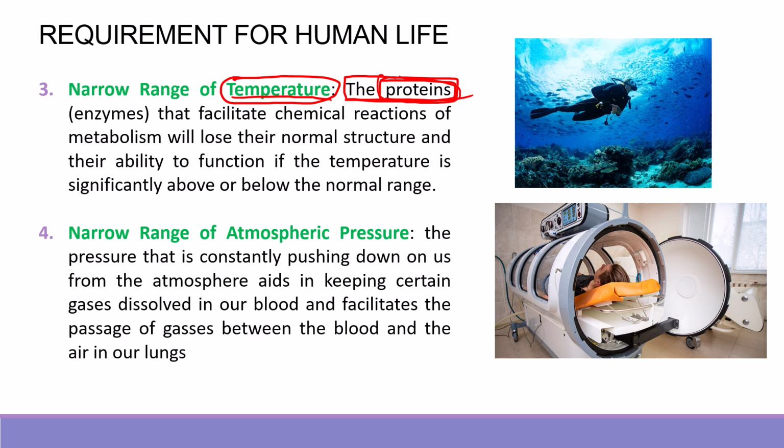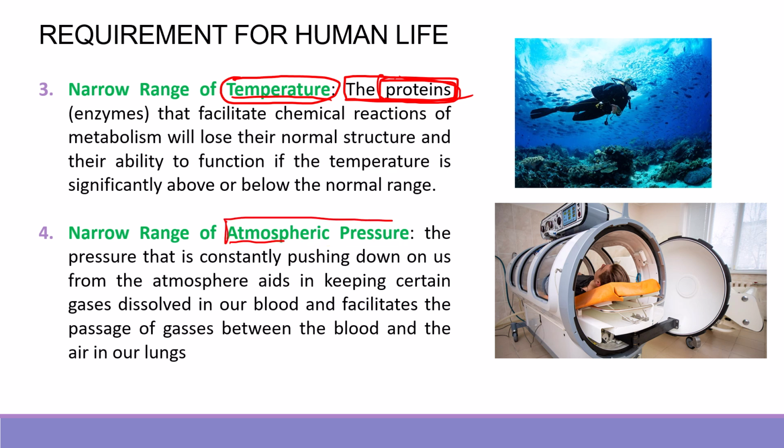Another requirement is a narrow range of atmospheric pressure, right? So we have to have a certain atmospheric pressure to facilitate many of the things, to facilitate the gases that we have in our blood to be dissolved, or even to be able to walk or to move, we have to have a specific atmospheric pressure.